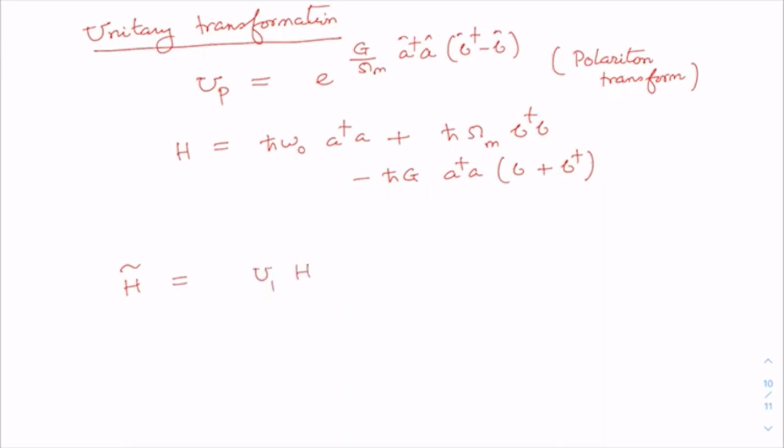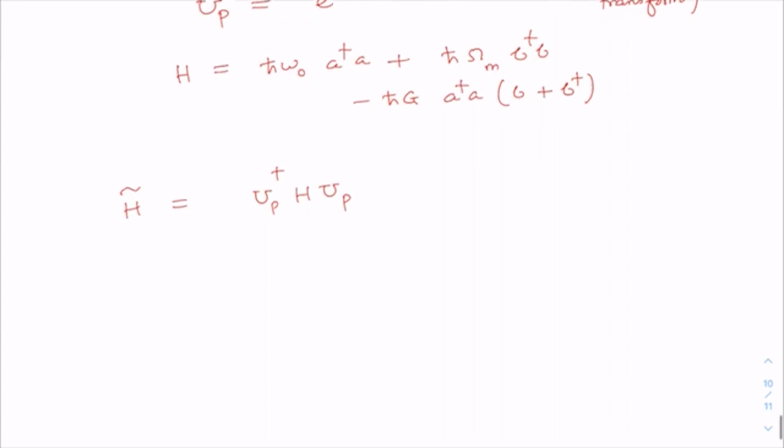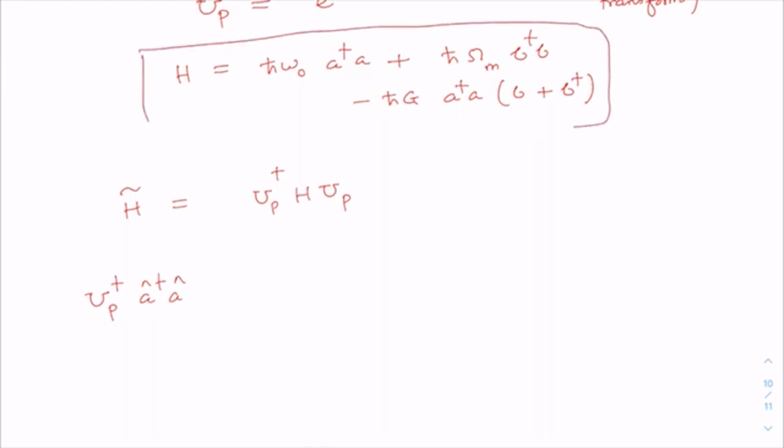So we'll have U_p† H U_p. We can work it out, and several terms would be there. First of all, let us quickly work out, for example, U_p† a†a U_p. As you can see from this Hamiltonian, we have to apply it from both sides.